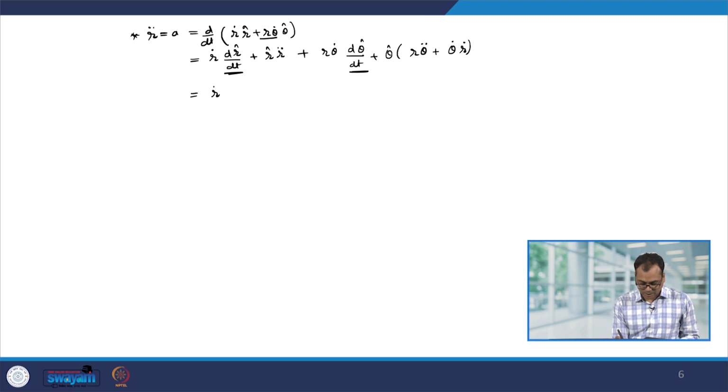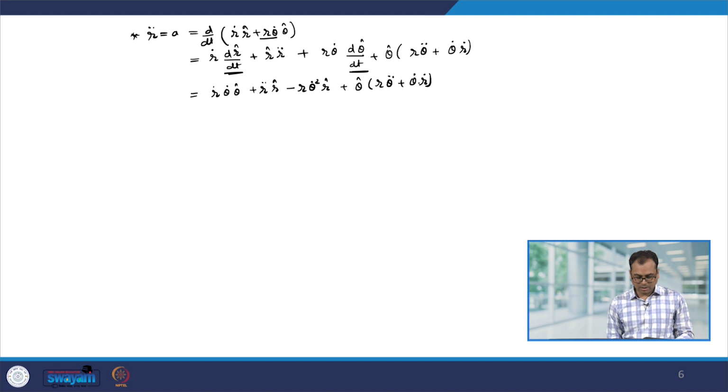So, we have r dot, this is theta dot theta cap, plus r double dot r cap minus r theta dot square r cap plus theta cap r theta double dot plus theta dot r dot. Let us collect the terms of r cap and theta cap.